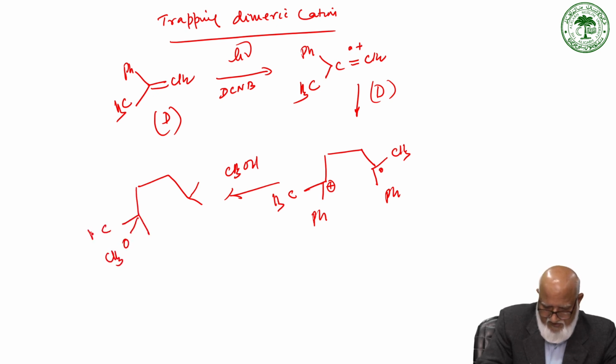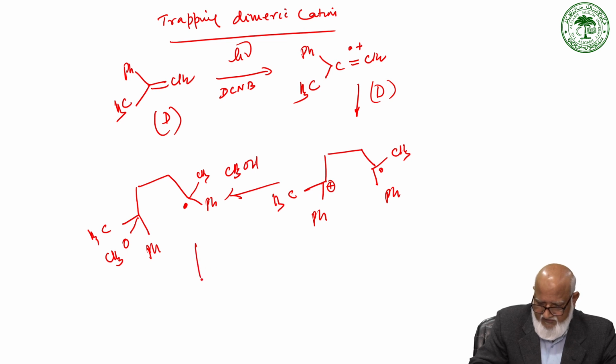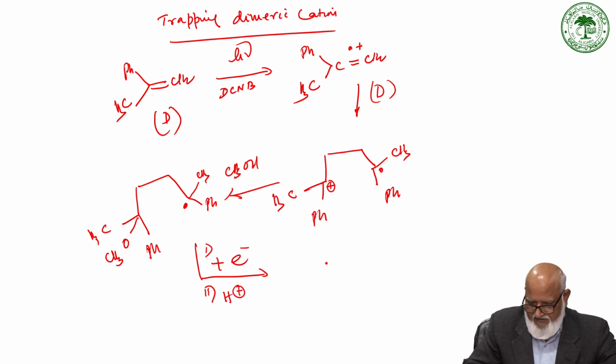We get OCH3, CH3, Ph, and a radical here, and now this takes up one more electron to become an anion. This is the first step, and the second step is the abstraction of a proton. So we get a product: first one electron converts this to an anion, and then it abstracts a proton to get H, CH3, Ph, OCH3, CH3 and Ph.